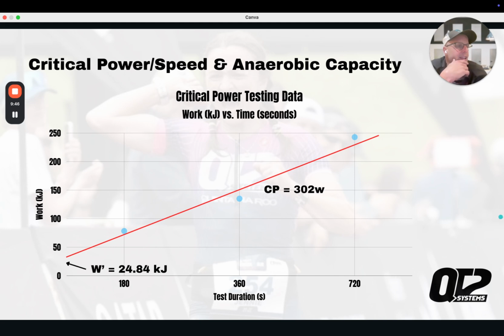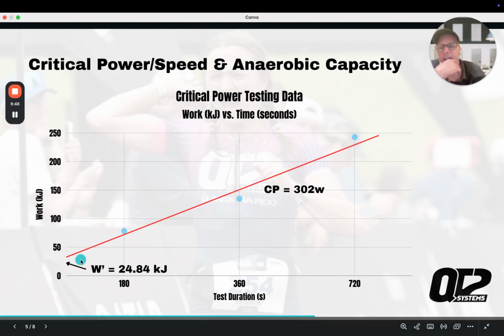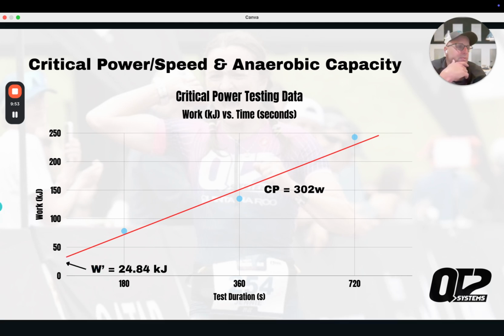Okay. And then our anaerobic capacity, W prime, is the y-intercept of this line. And that is about 25,000 joules, or about 25 kilojoules.